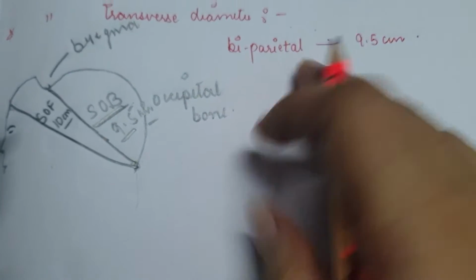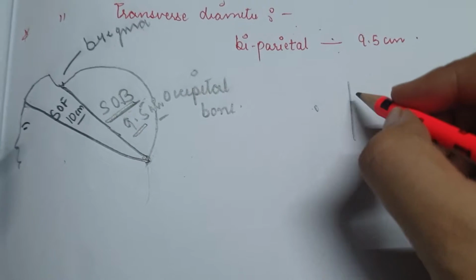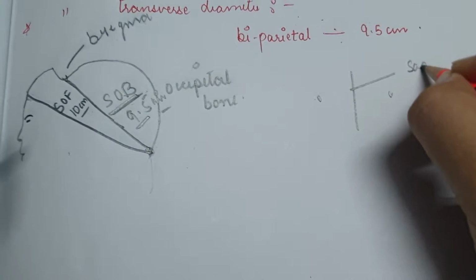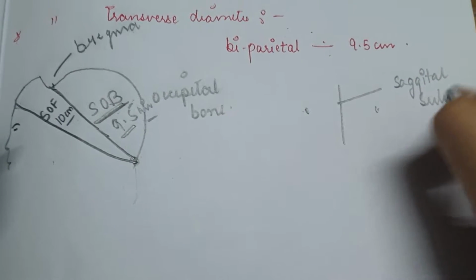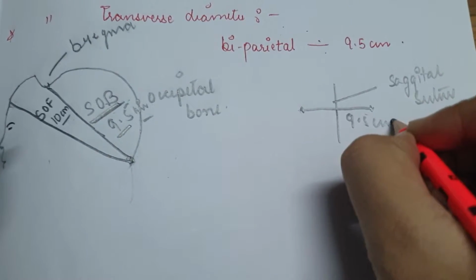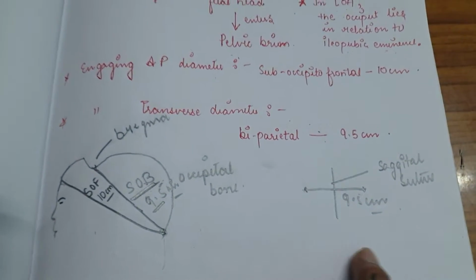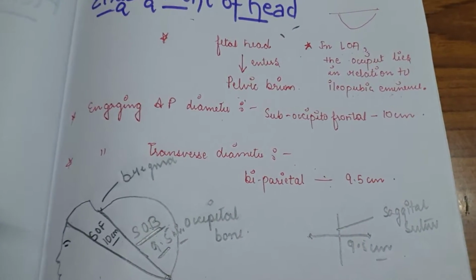So the next one is biparietal. These are two parietal bones between which is the sagittal suture. The diameter between the two parietal bones is the biparietal diameter, which is 9.5 centimeters. I hope you're clear with these terms: suboccipitofrontal, biparietal, and suboccipitobregmatic, which is used in future.